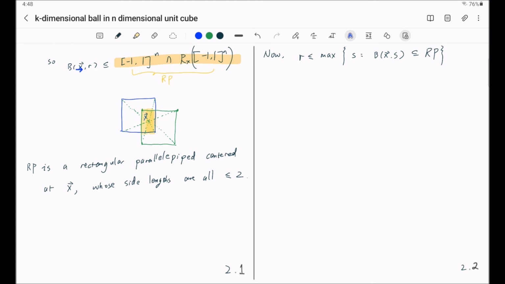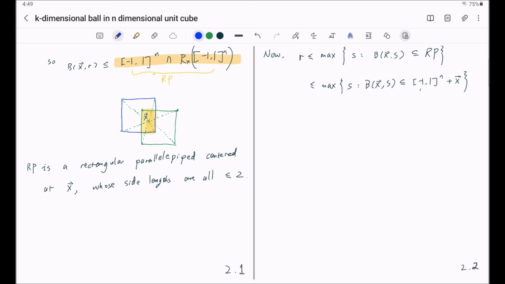Because this ball centered at x with radius r is contained in this RP, then this r must be less than or equal to the maximum possible number, which can be the radius of a ball centered at x that is contained in RP. And this is further less than or equal to the max of such balls with radius s contained in the translation of this cube of side length 2 by x.